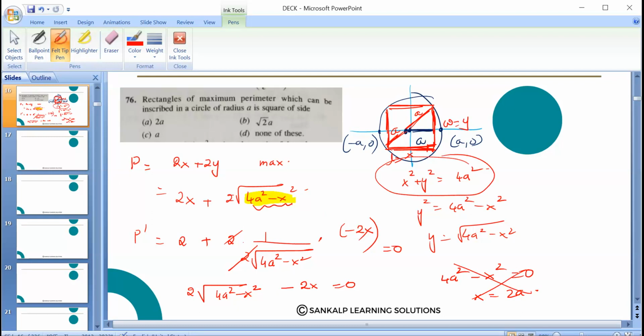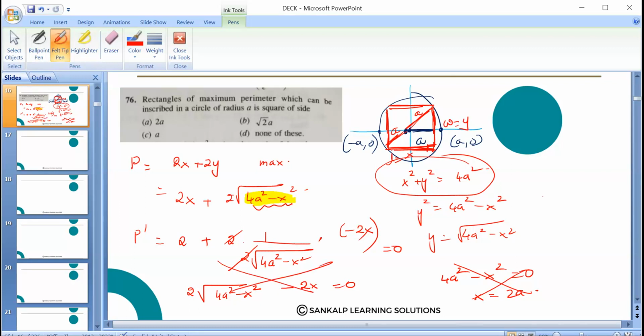But from here, if you put x as 2a, here also we will not get the answer.